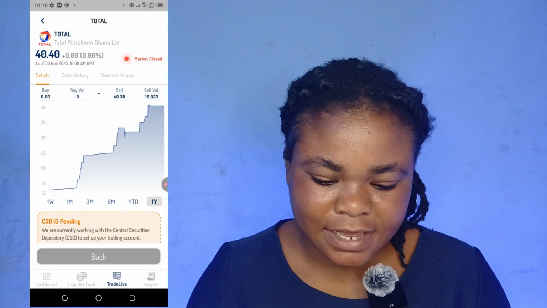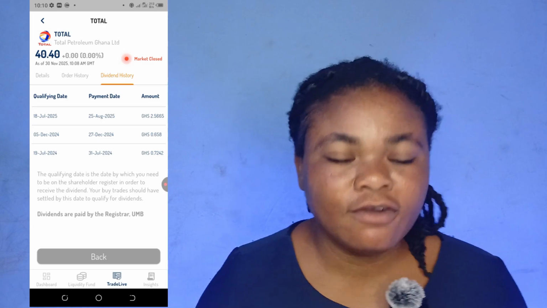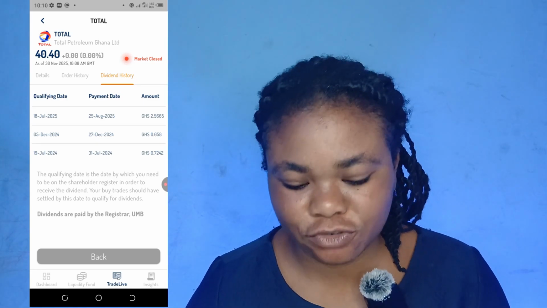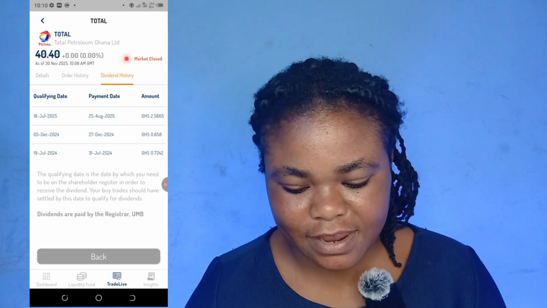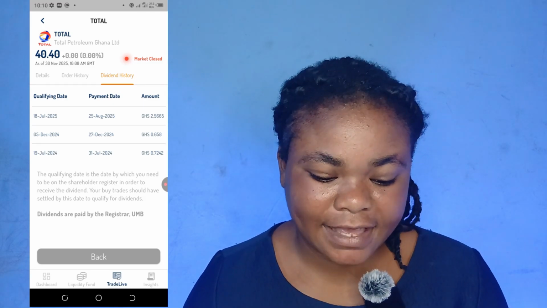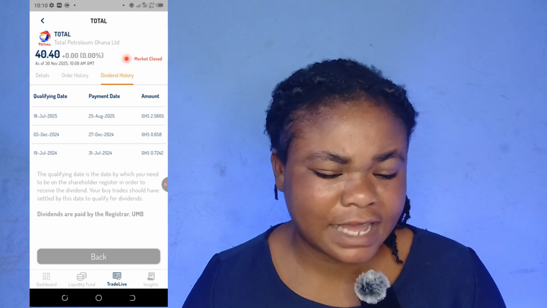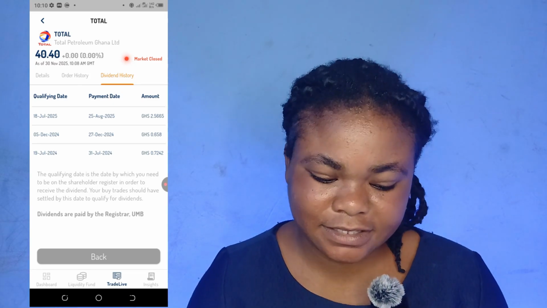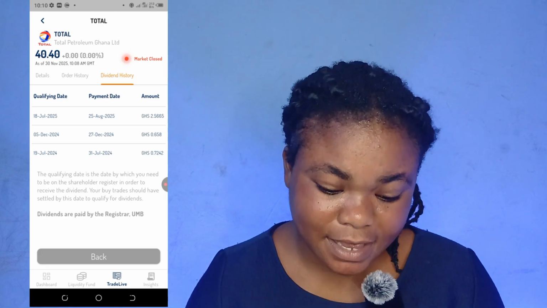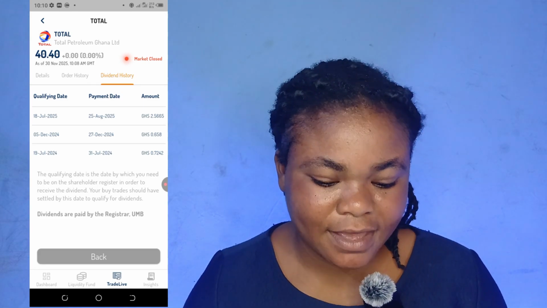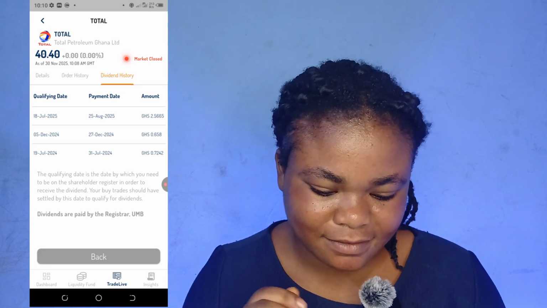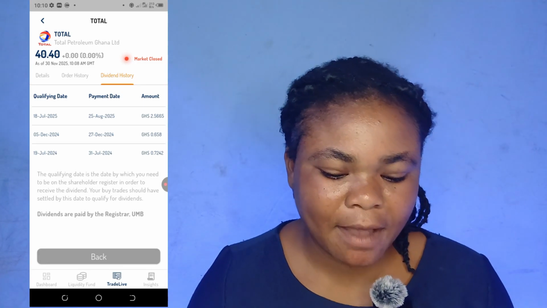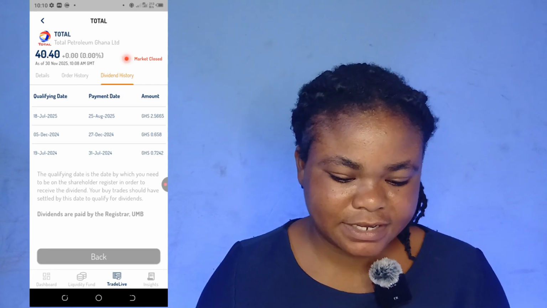Okay, and their dividend. For Total, the qualifying date is 18th July 2025 and the payment date is 21st August. So for Total, the interval is very long between 18th July and the payment day when they pay the dividend. The amount they pay is 2 cedis.